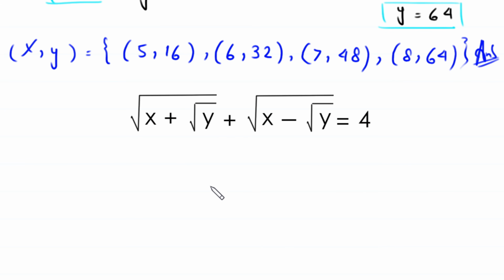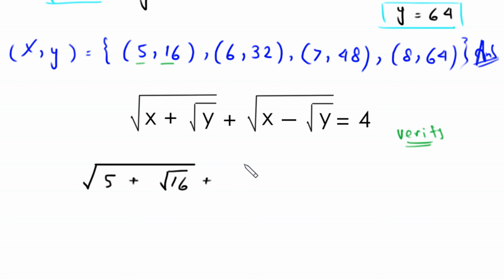In this equation we verify this first pair, 5 and 16. So this will become the square root of 5 plus root 16 plus the square root of 5 minus root 16.